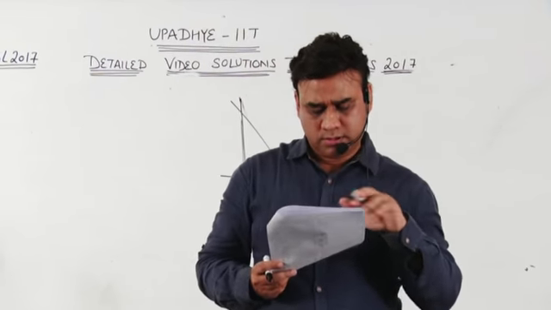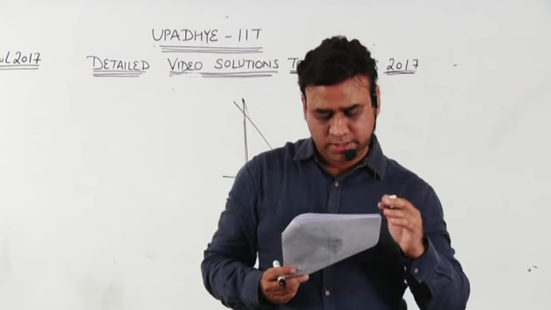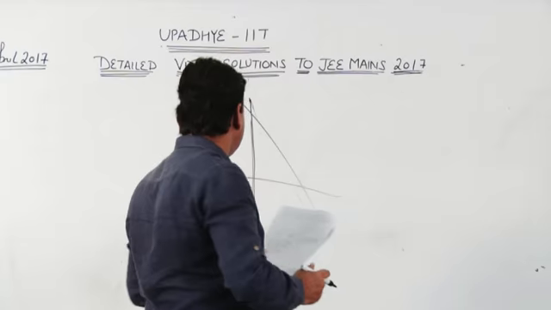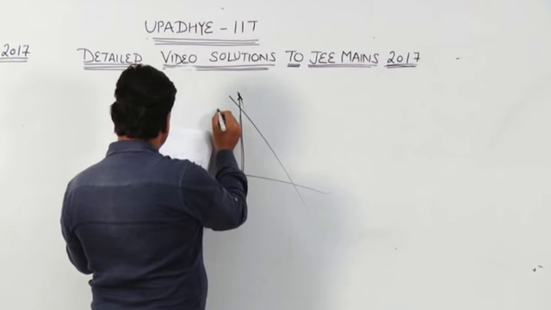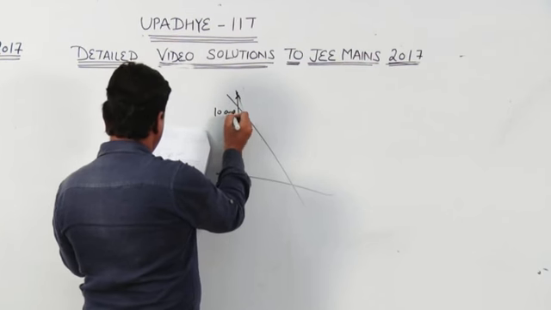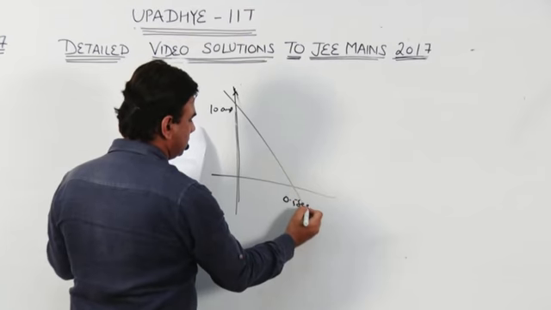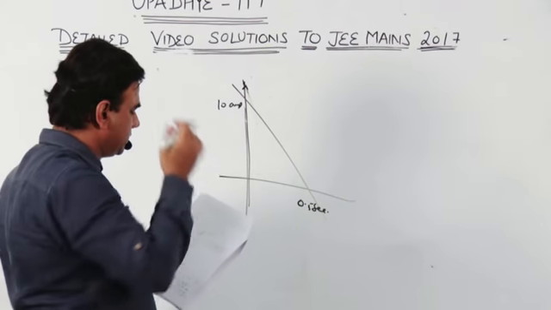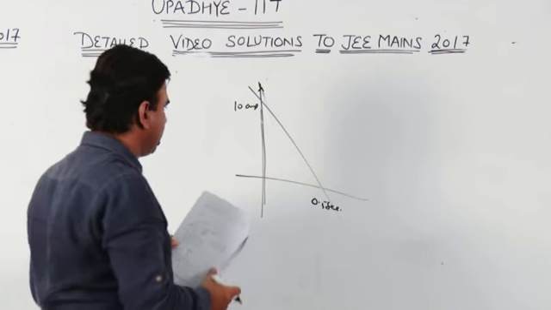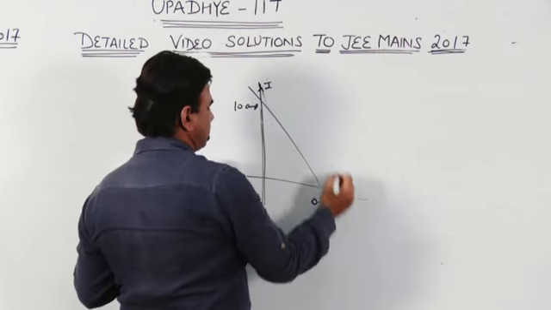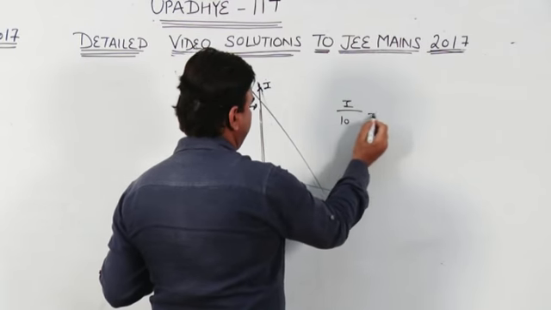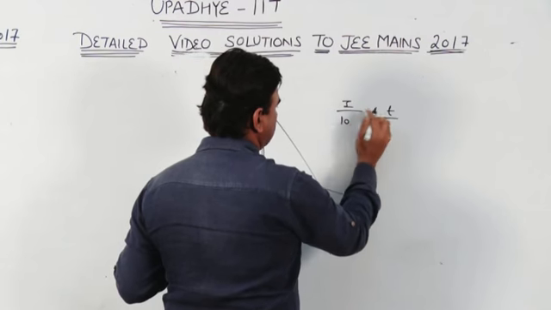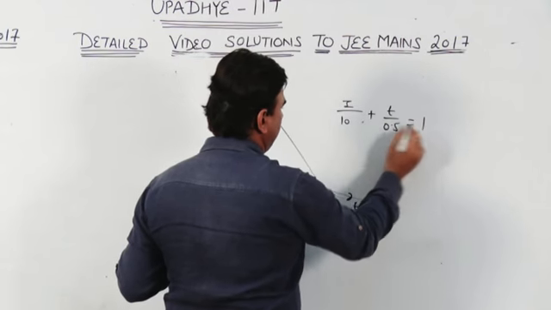Here a current and time graph is given, with 10 ampere and time 0.5 second. Again on the basis of intercept form from mathematics, we can write the equation between I and T. So I upon 10 ampere plus T upon 0.5 equals 1.